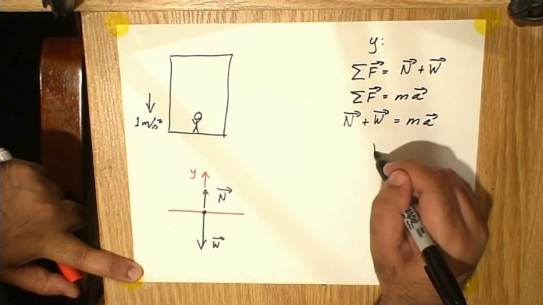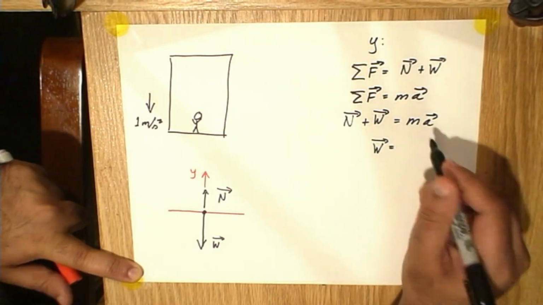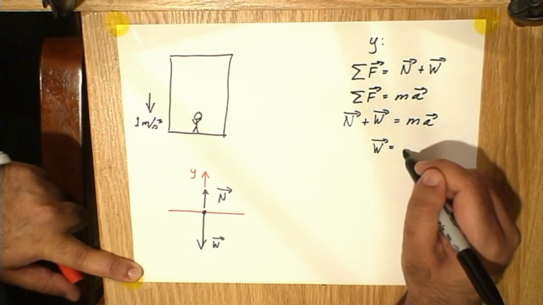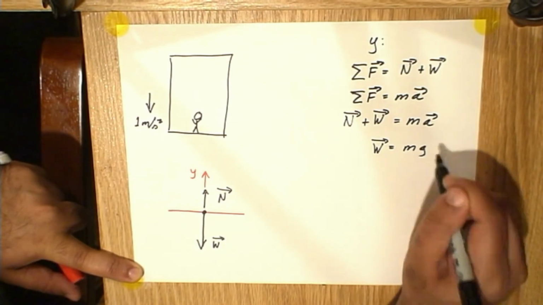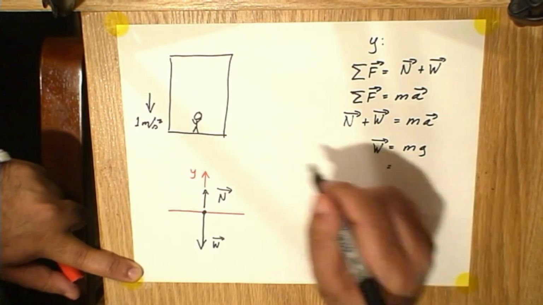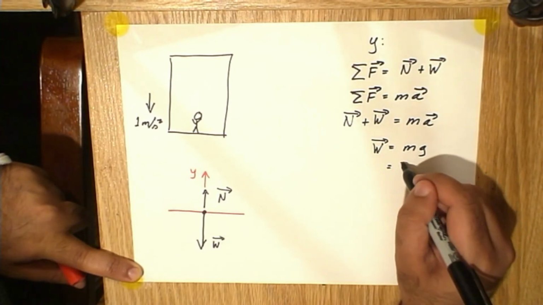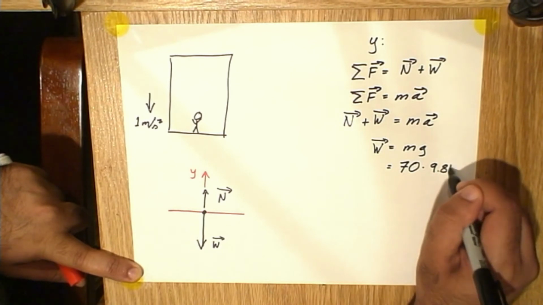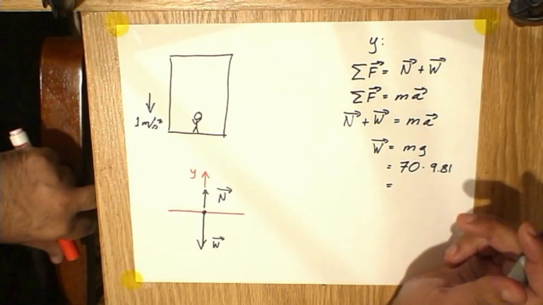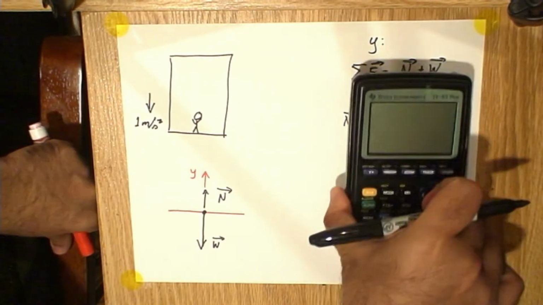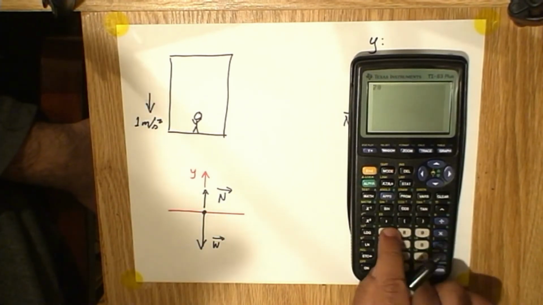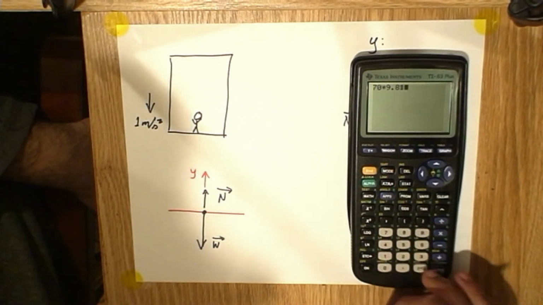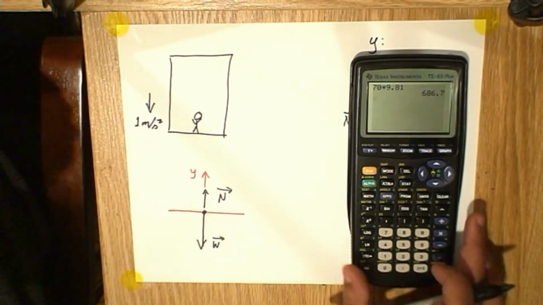Now, we worked out the weight earlier, but again, for the sake of completeness, I'll work it out in full. Weight is equal to mass times gravity. Our hero has a mass of 70 kilograms, multiplied by a gravitational acceleration of 9.81. So 70 times 9.81 is 686.7.